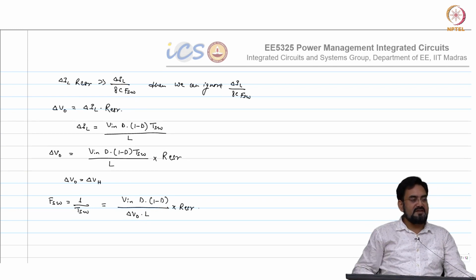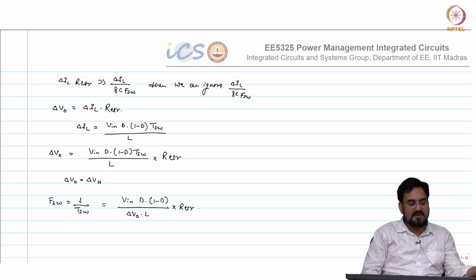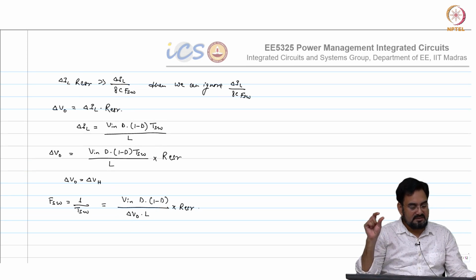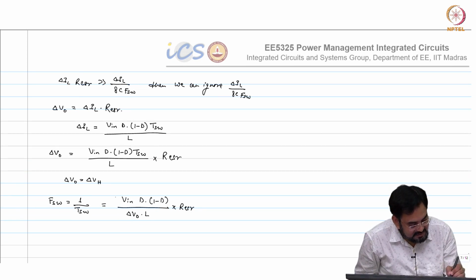So this is your switching frequency, which depends on your hysteretic window. This is delta VH.